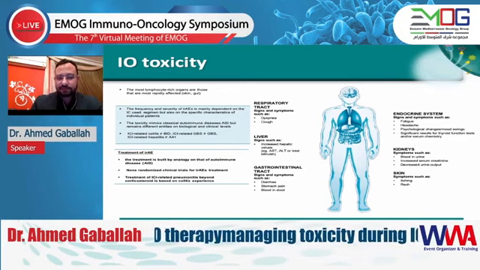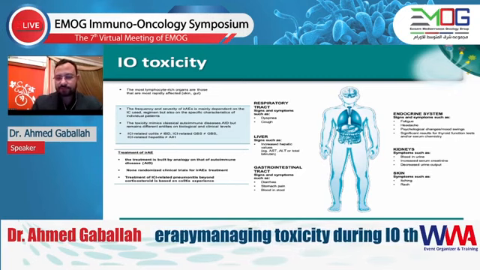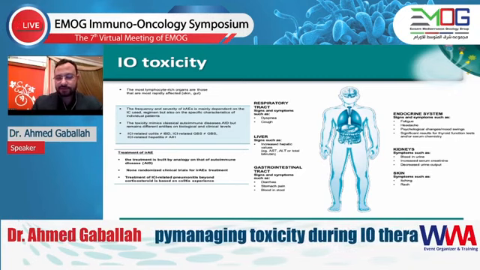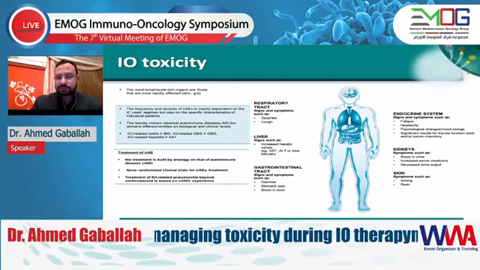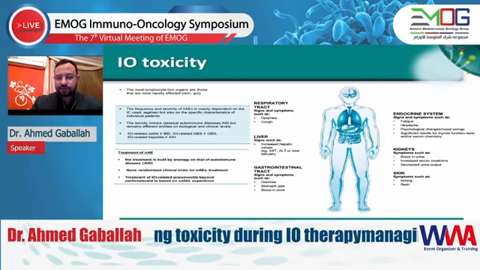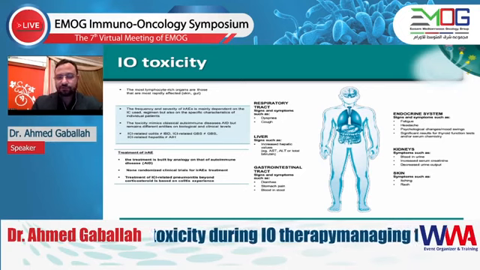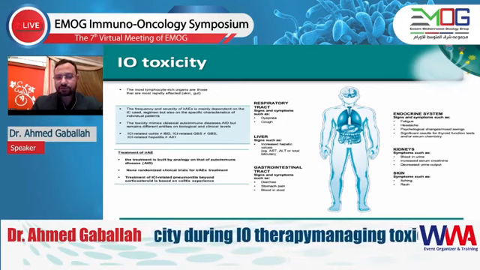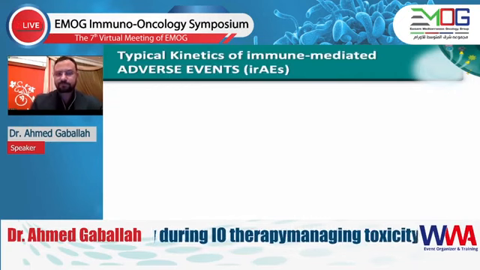And the treatment of immune checkpoint inhibitor-related pneumonitis was extrapolated from the management of immune checkpoint inhibitor colitis. So we don't have a specific medication for immune checkpoint inhibitor pneumonitis.